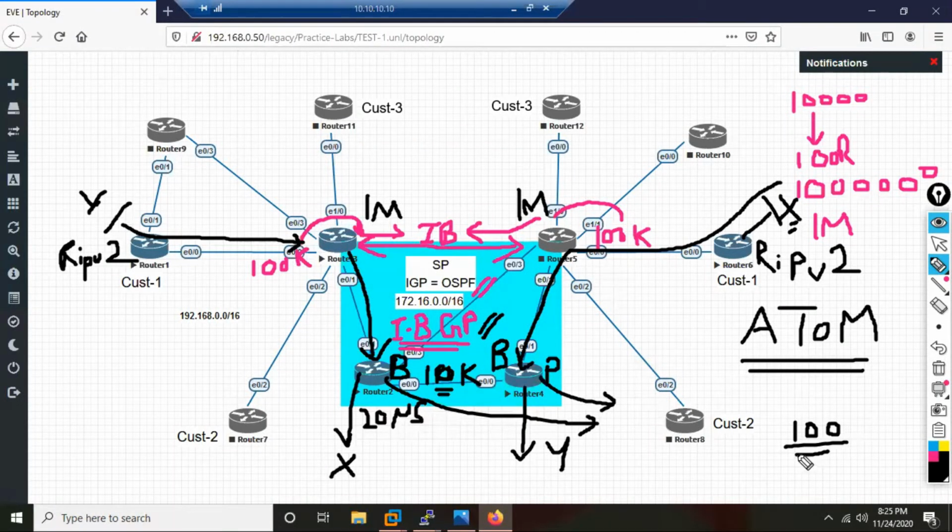So what is one simple thing? The service provider can sell off their higher end routers, make money, and with whatever money you get from that, you buy lower end routers, and then whatever money is left, the owner of the company, the service provider owner, can easily go for what?